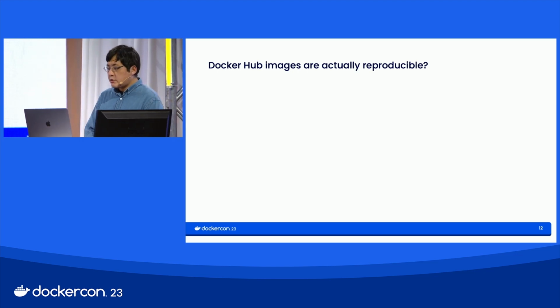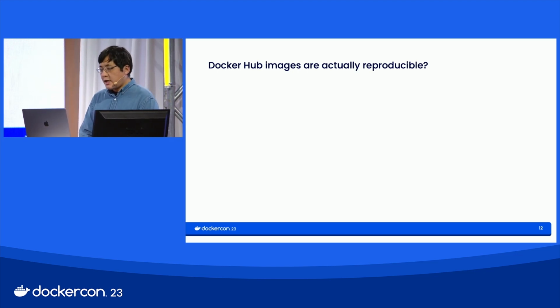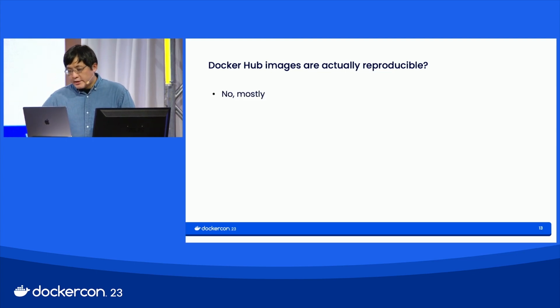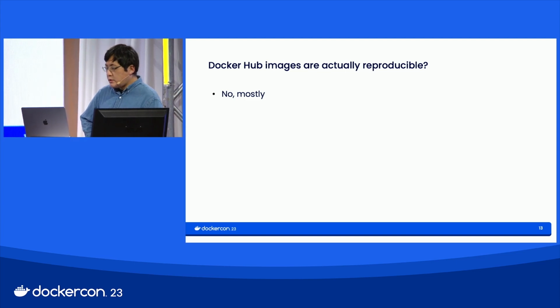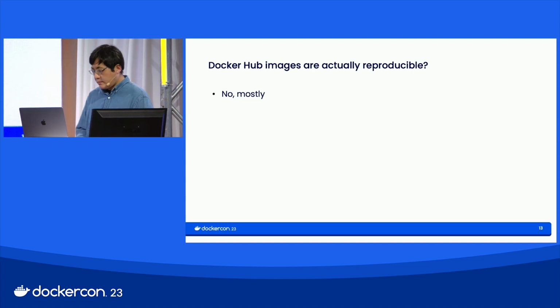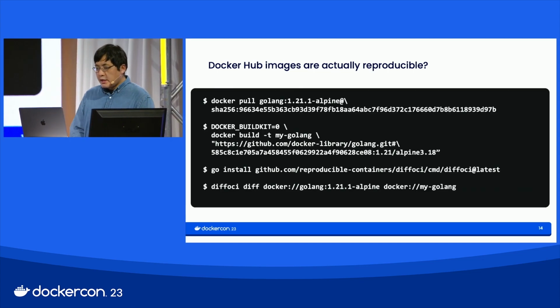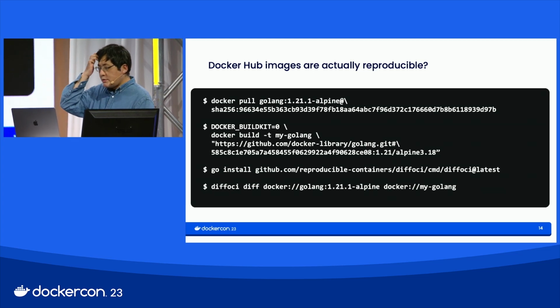Let's take a look at whether Docker Hub images are actually reproducible or not. And the answer is no. Most of the images on Docker Hub are not reproducible. As an example, let's take a look at the Golang image.